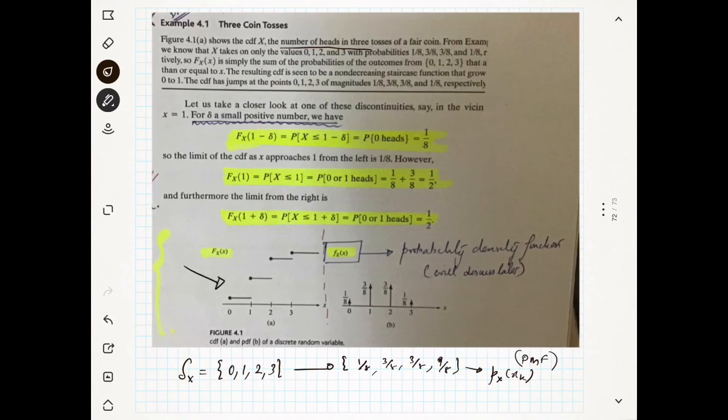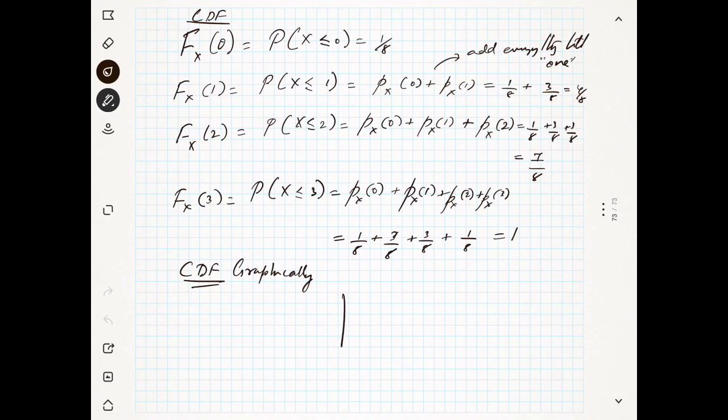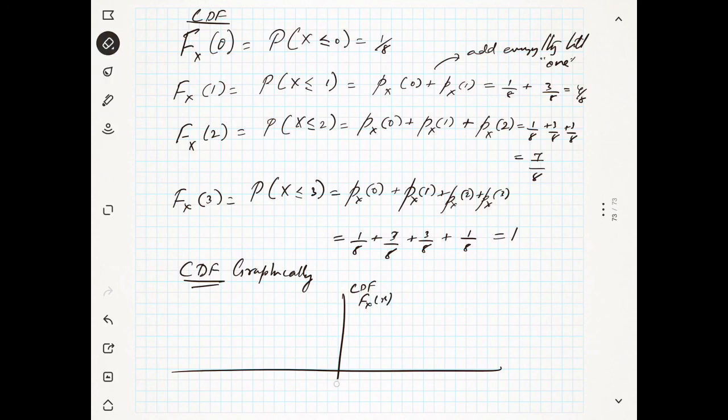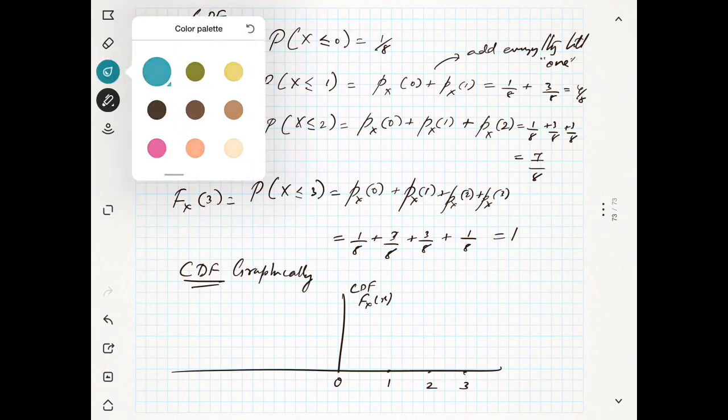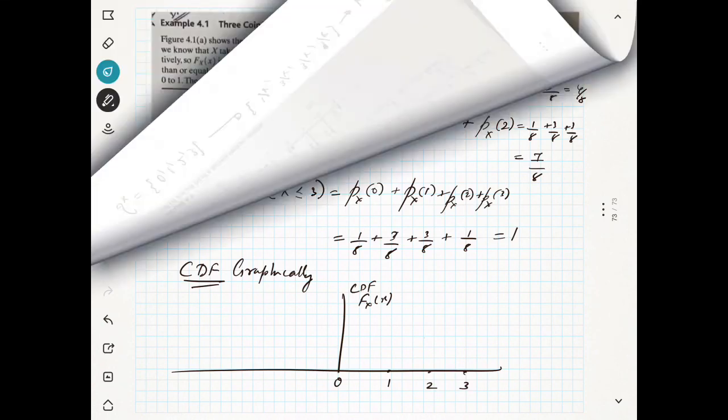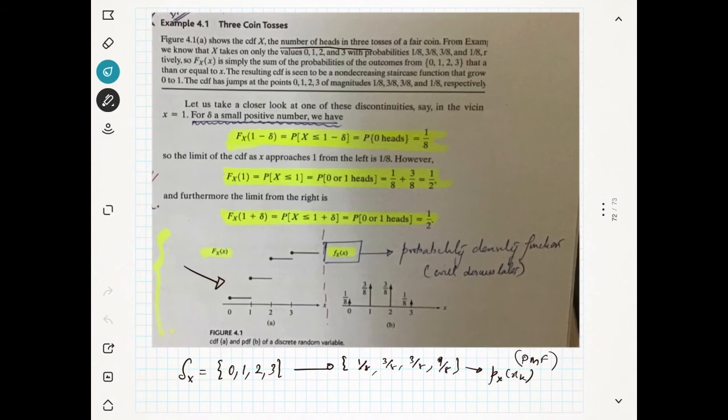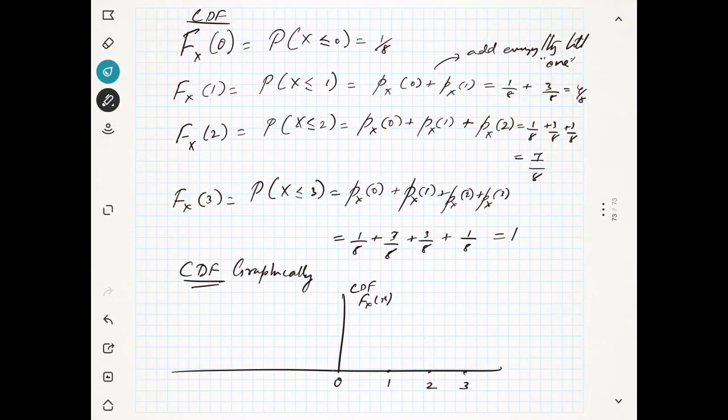So you can see here I have the cumulative distribution function, CDF F x of x. And this is 0, this is 1, this is 2, this is 3. For x less than 0, there is nothing less than 0, so up to here the CDF was 0.